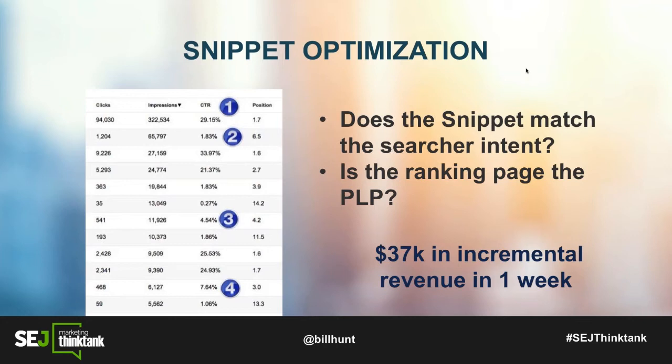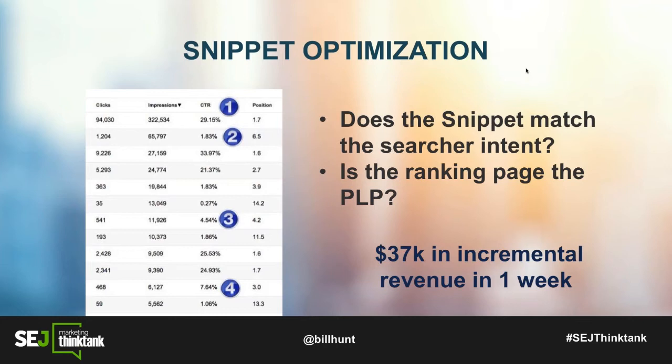The net of this is that fixing just these four, the home page and these other three deeper page snippets, resulted in a $37,000 increase in revenue in the first week. So, very simple things, changing meta descriptions, and it's not sexy or compelling, but it is something that I think you should definitely take a look at.